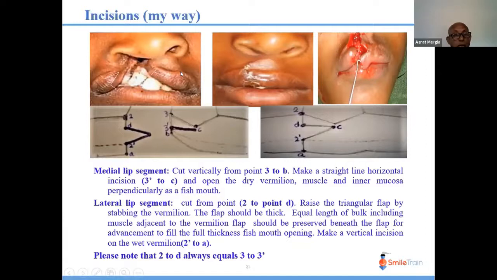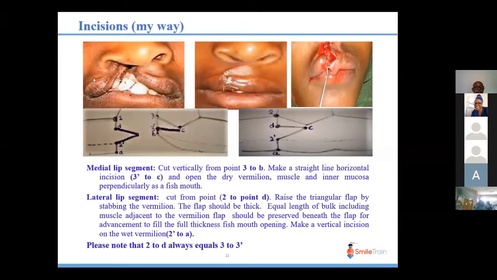So I am dictated by the fact that I take this mark as the thickest part of the vermilion. So I mark there. This will be my future Cupid's bow on the right side. Once I get this point right, if I come here and bring this point here, I tell you it will be a big mistake because I'm going to use this deficient vermilion side, and again I cannot avoid notching. So this is a very crucial point in this repair.